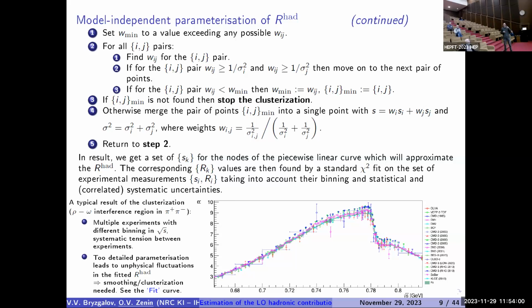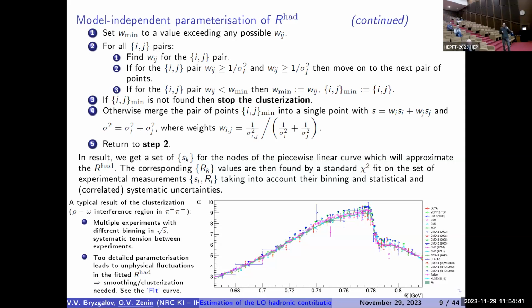So the result of such a piecewise linear parameterization of the cross-section in the rho omega interference region is shown here. Our parameterization is shown by the blue line, whose uncertainty is shown by the thickness of the line.